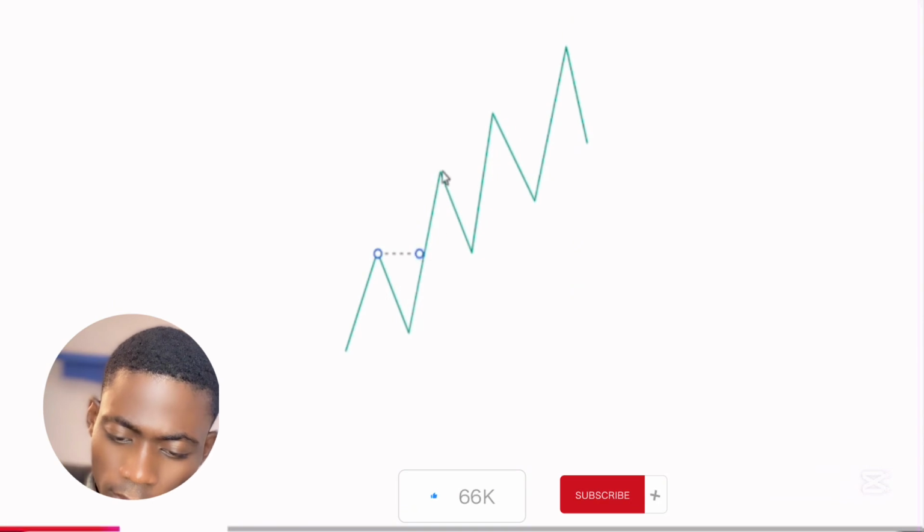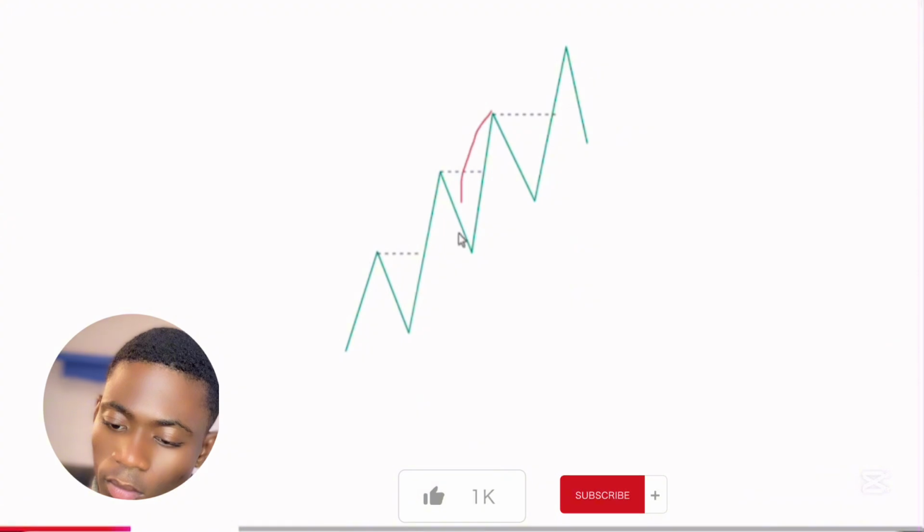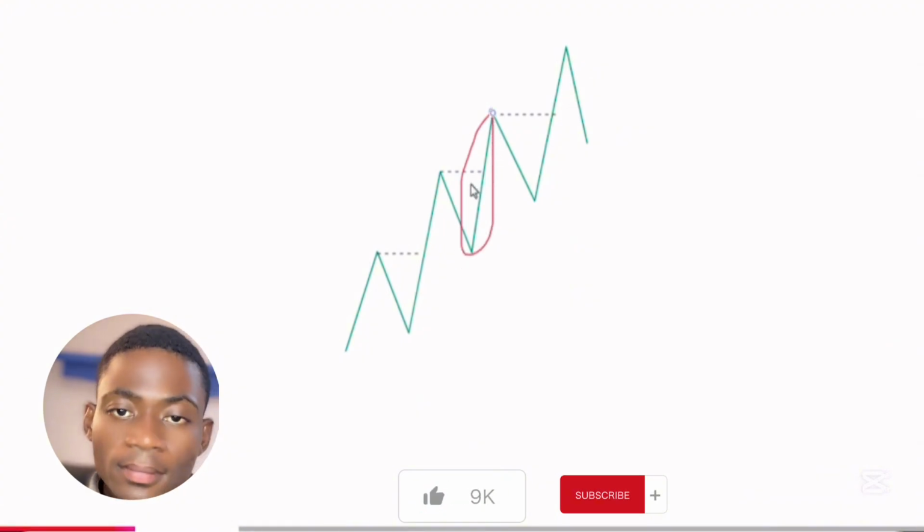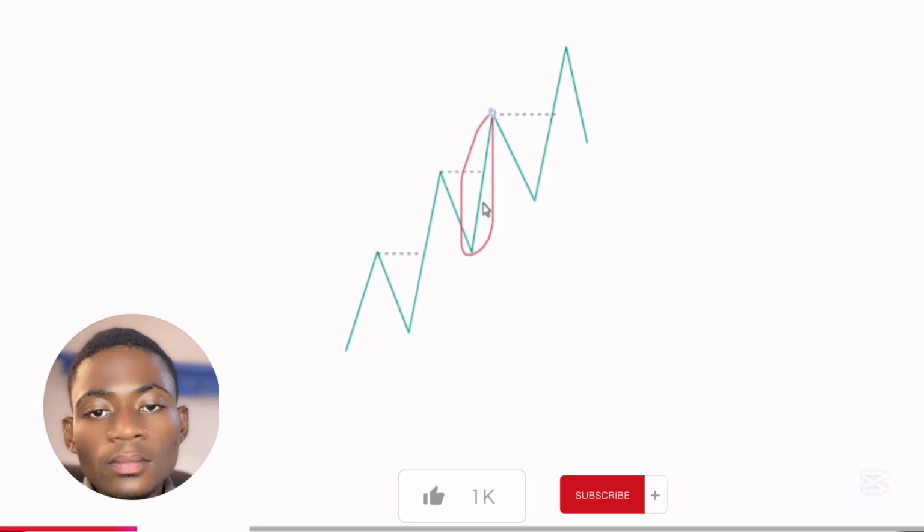This is what we call a break of structure. In this kind of movement, sometimes you will see different levels where price is trying to retrace. You will find difficulty identifying which of those is a correct retracement and which is not.